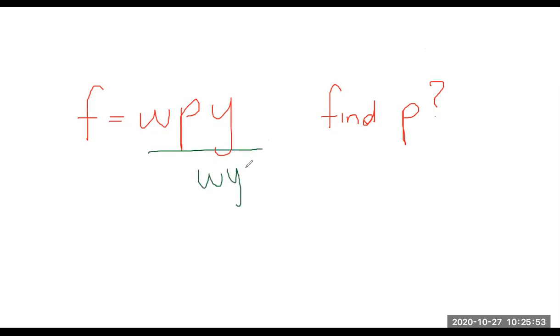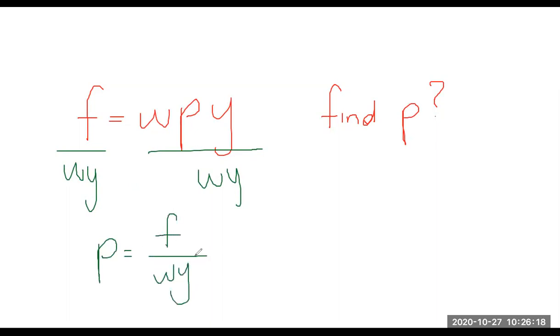Why not? And whatever you do to one side, do to the other side. So I'm trying to find P, but W and Y are in the way. So P is equal to F over WY. That's the answer.